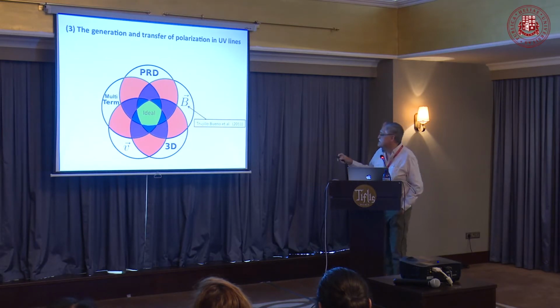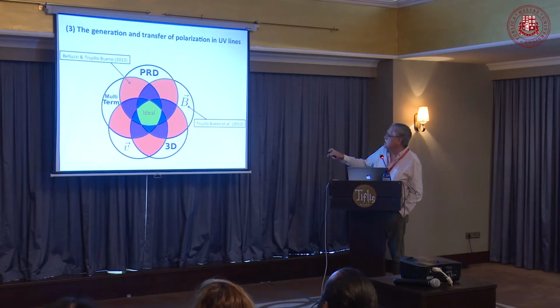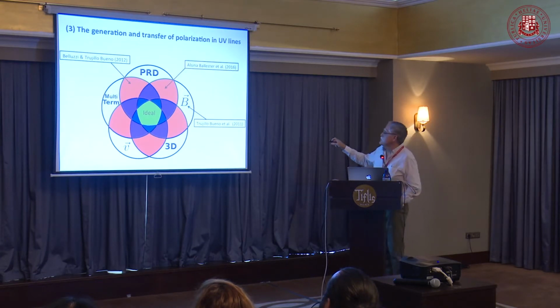We have to go step by step. First, we consider the case of the Hanle-Zeeman effects, neglecting all other effects. Later, we ignore the magnetic field, but we took into account PRD and quantum mechanical interference. Later, it was possible to solve the problem taking into account Hanle-Zeeman effects and PRD, but ignoring the J-state interference.